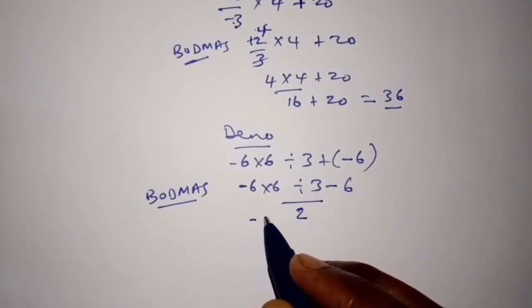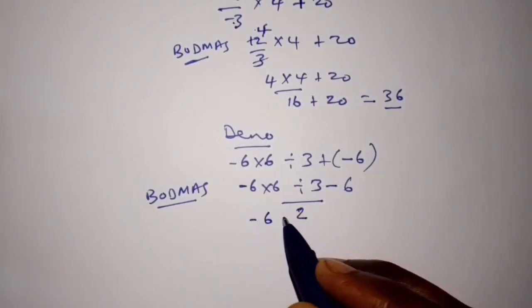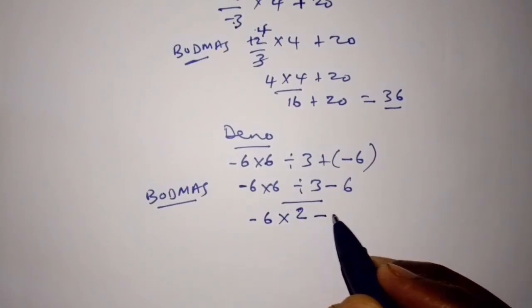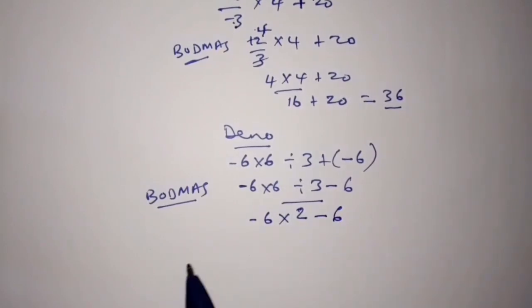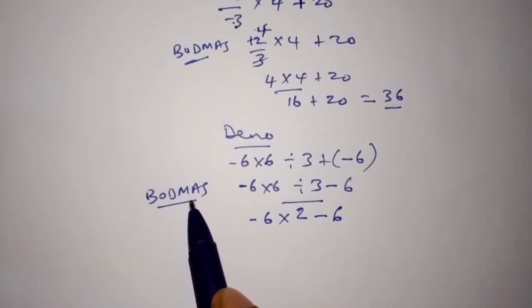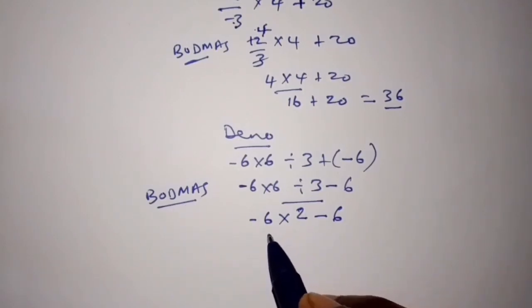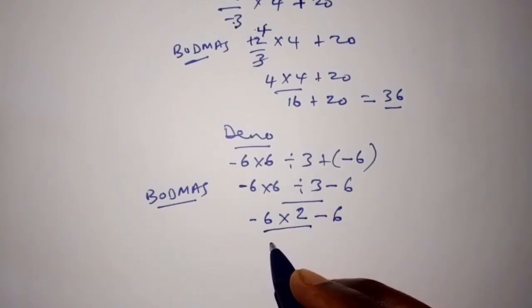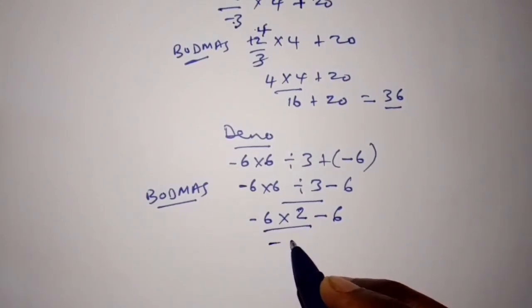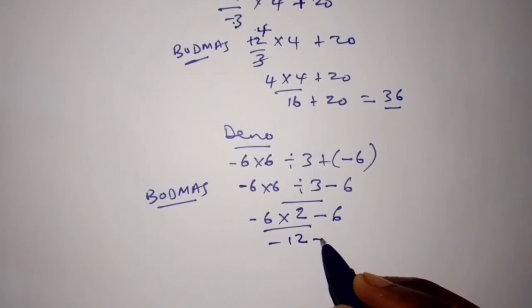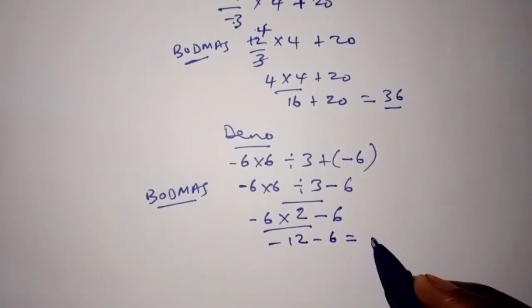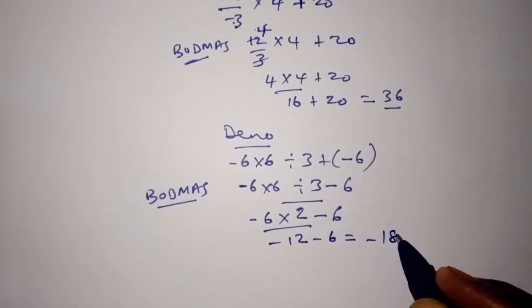So this is negative 6 times 2 minus 6. Then multiplication: negative 6 times 2 is negative 12, minus 6, which is giving us negative 18.